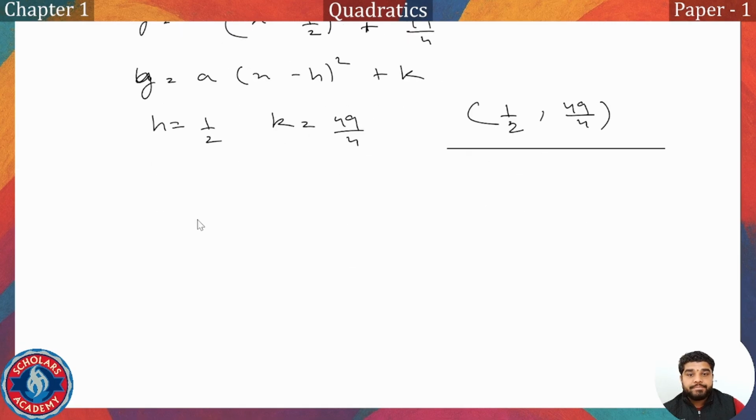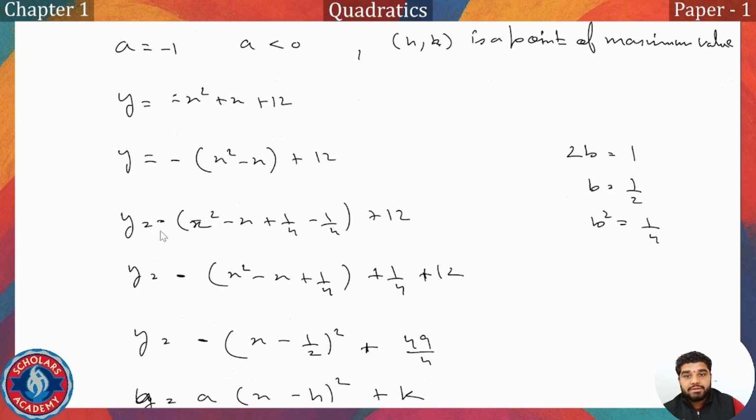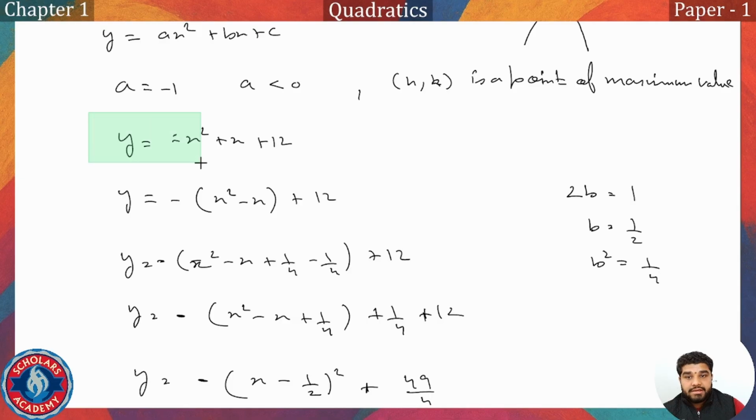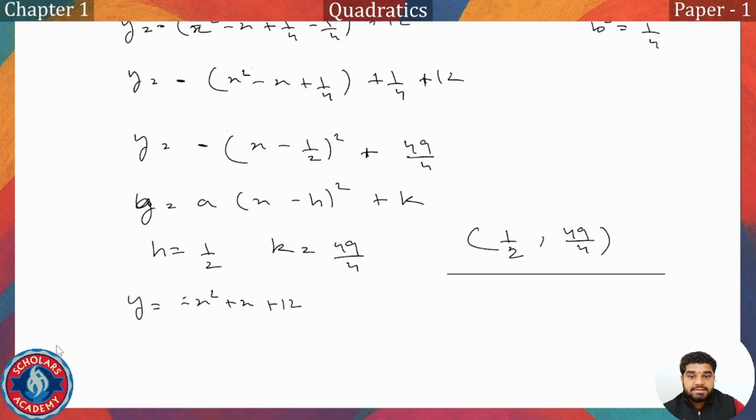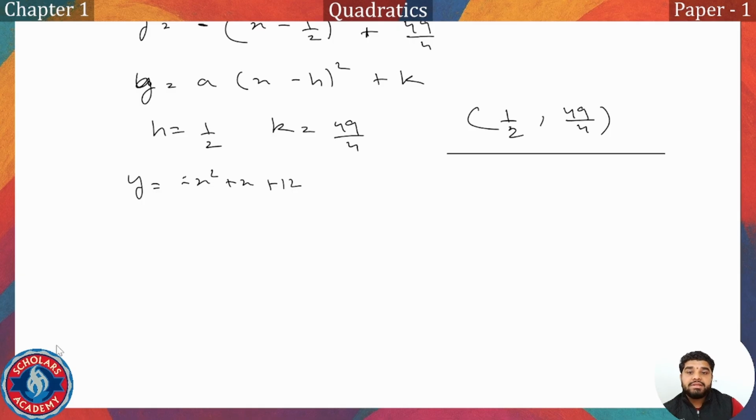Now let's continue. We need to find the intersecting points. We'll find the intersecting points of the curve with the x and y axis by substituting y is equal to 0 for finding intersecting points with the x-axis. So from here we get negative x square plus x plus 12 is equal to 0.